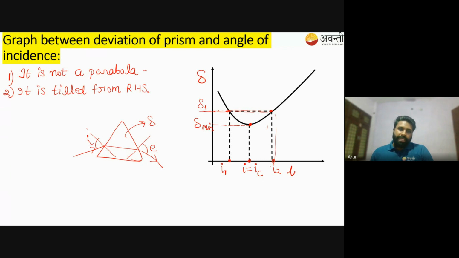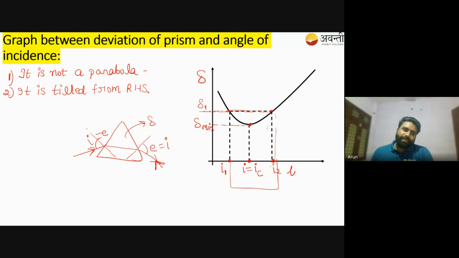What if you just reverse the direction? Now you are throwing the light from this direction. What will happen? This E becomes I and this I becomes E. Got it? So that is why you have two values of deviation for two different angles of incidence.